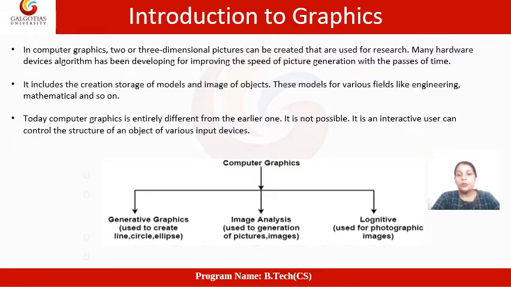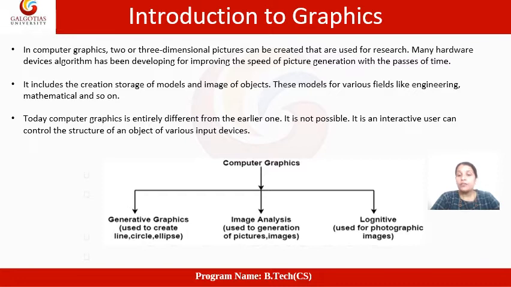So what is computer graphics? We can segregate it into three parts. First, generative graphics, which is used to create lines, ellipses, and circles. Second is image analysis, which is used to generate pictures and images. And the third is cognitive, which is used for photography and images.